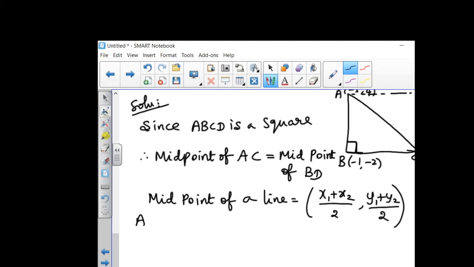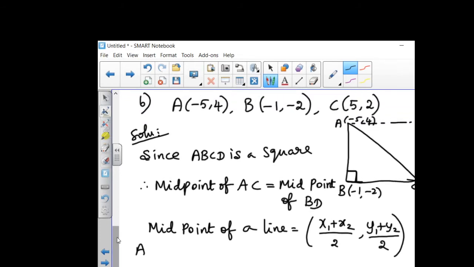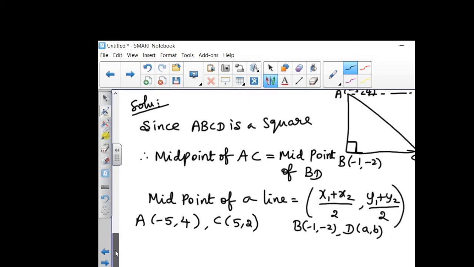A point is minus 5 comma 4 and C point is 5 comma 2. Then another condition, B point is minus 1 comma minus 2 and D point is A comma B.